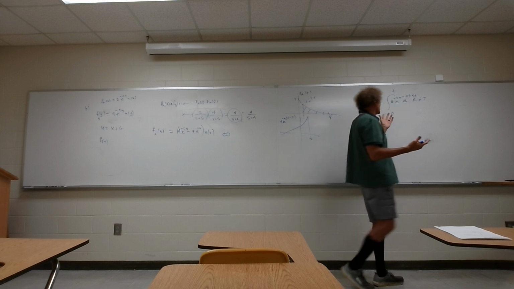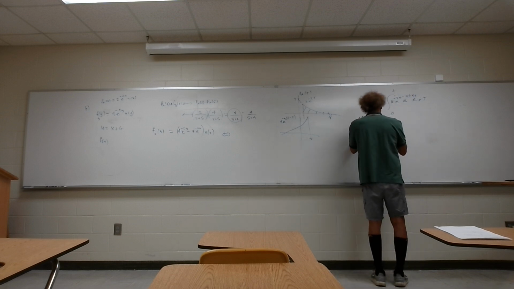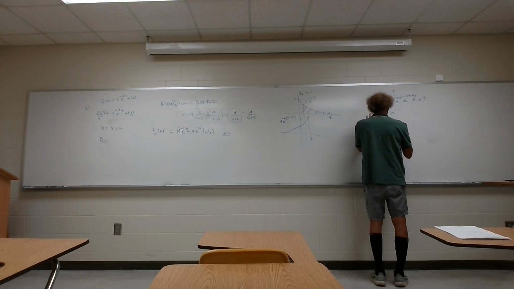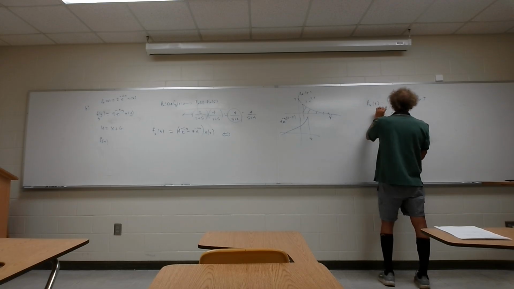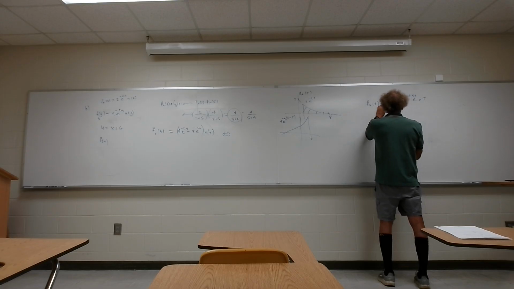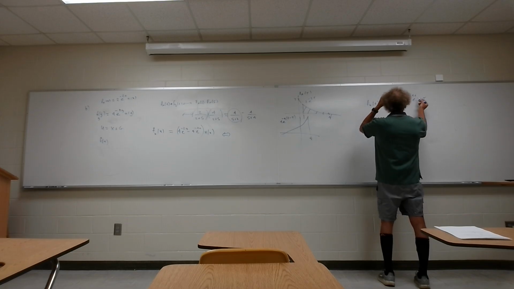I'm not sure. So I can take the e to the minus 4t out in front, and I can take the 8 out in front, and I get e to the 2 tau, and integrate that, and that's going to be 1/2.